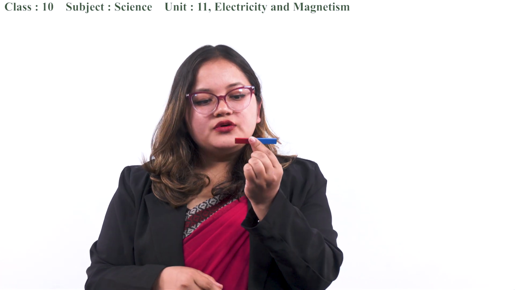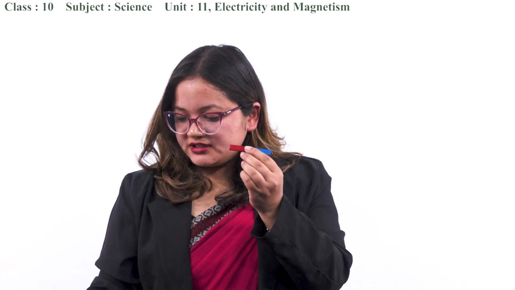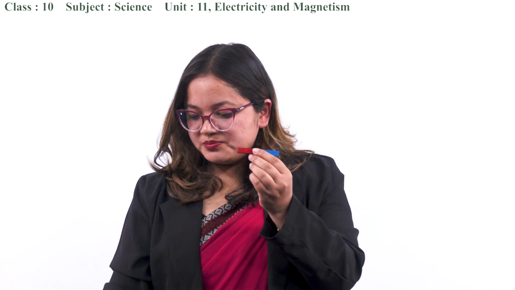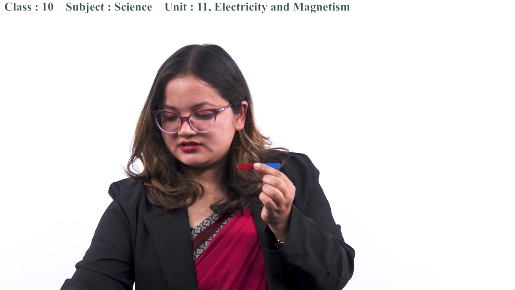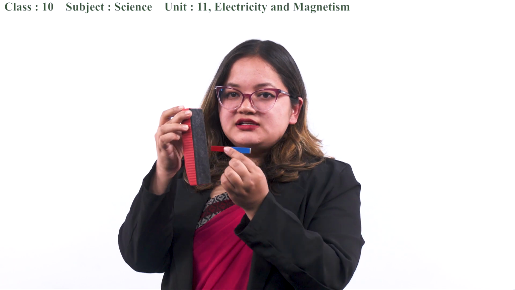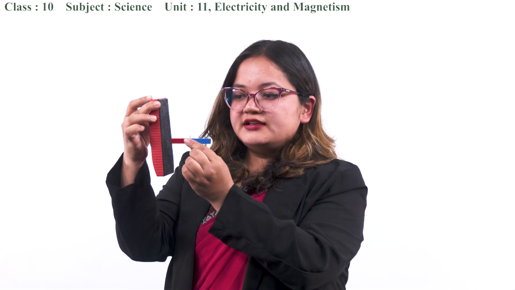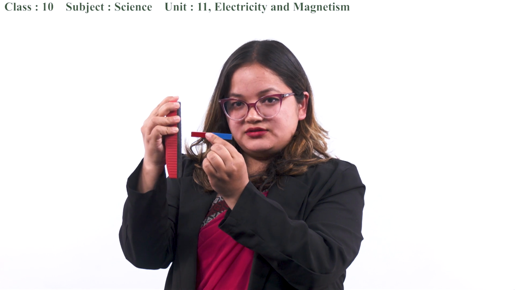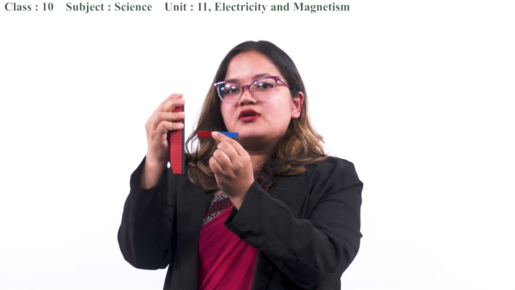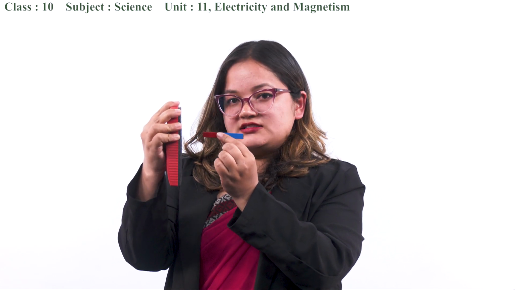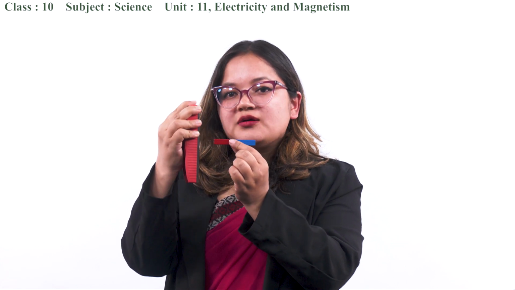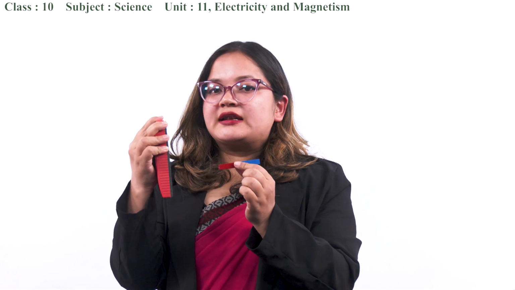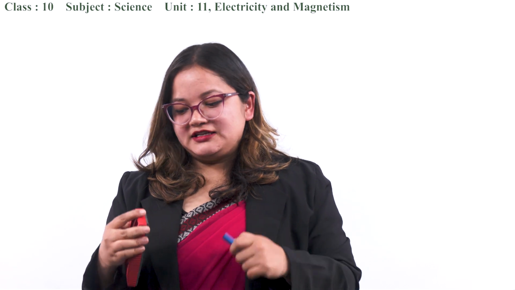Now let me place one small piece of paper here, or let's say some conductor. We know the magnetic field lines are entering the surface area of this object. So the measure of magnetic field lines which enter the surface area when placed in the magnetic field of a particular magnet is known as magnetic flux.